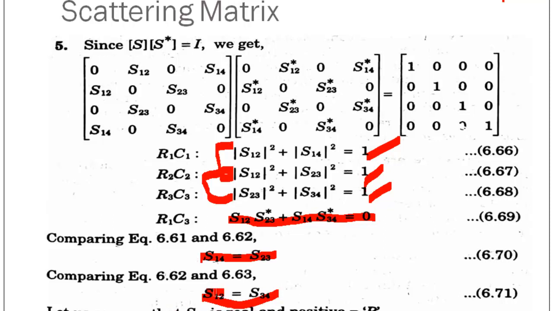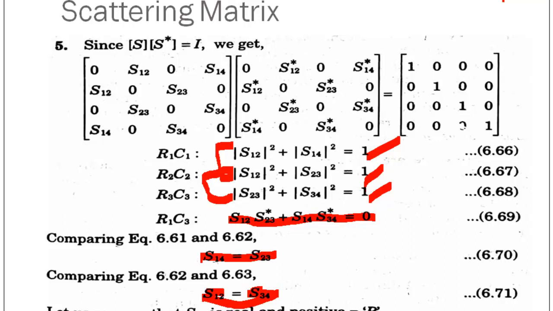S12 is real and positive, then we can say S34 will be real and positive. If S34 is real and positive, we can say the complex conjugate of S34 will always be real and positive. So this condition will exist. That means S12 is equal to S34 is equal to P, that is real, and that will also be equal to its own complex conjugate, right?